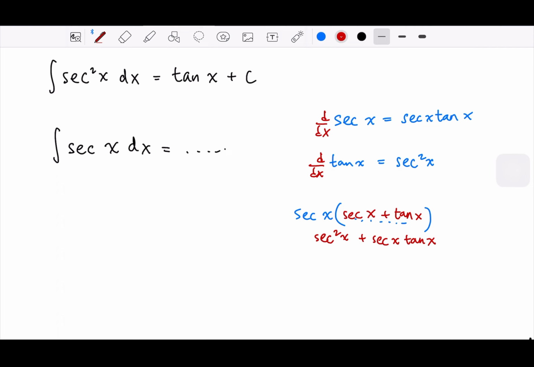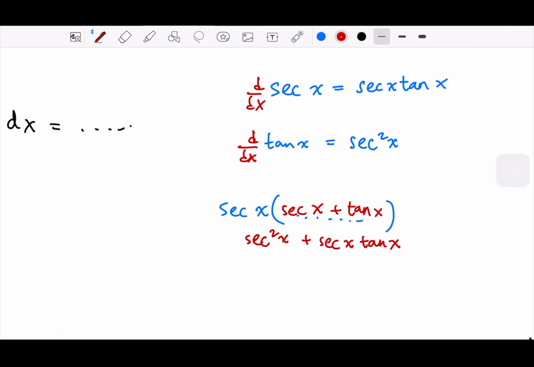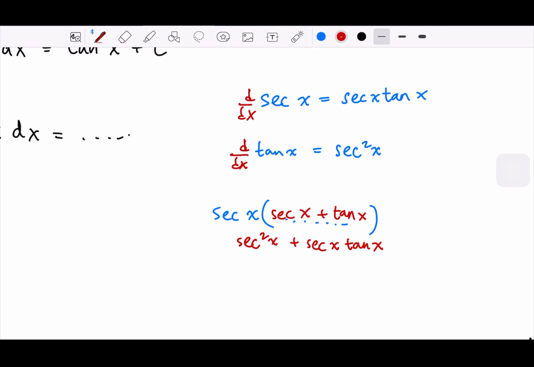So perhaps if we take this secant x plus tangent x as u, then du is secant x tangent x plus secant squared x, which is perfectly the same as when we multiply these two.